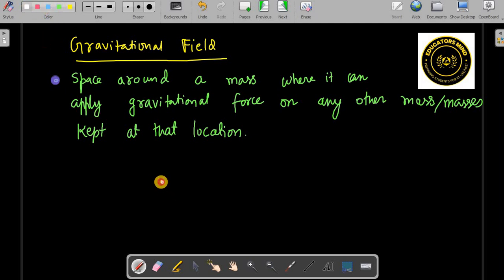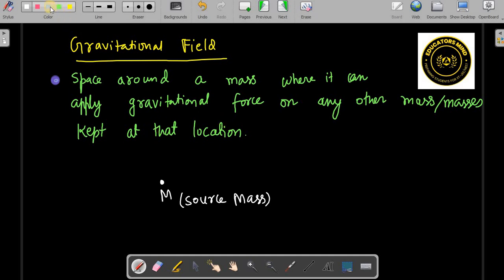So suppose that this is a mass. Generally we call it the source mass, and because of this source mass we want to calculate the field. What is source mass? Source mass is the mass which we are studying. We are studying the influence of this mass near its location.